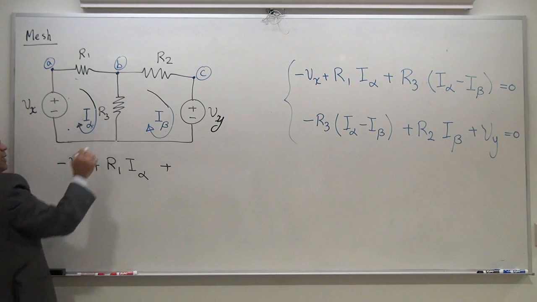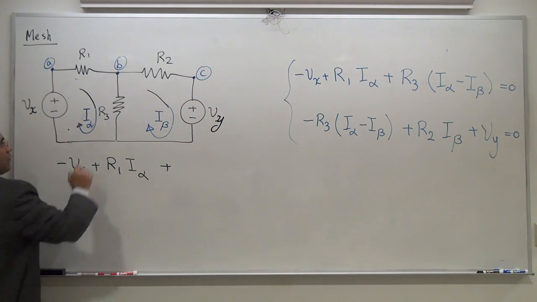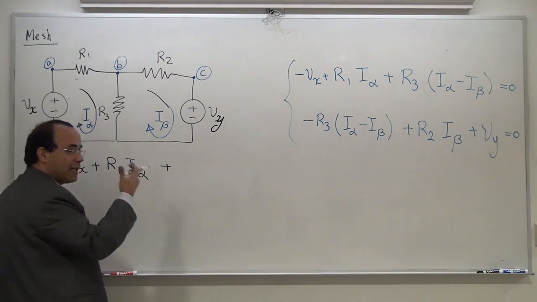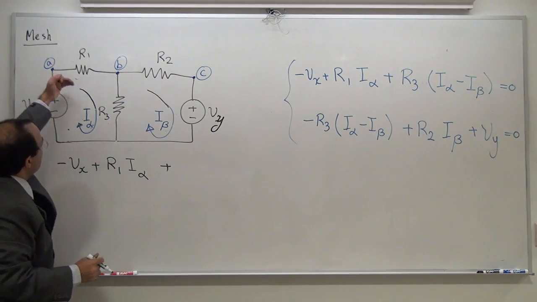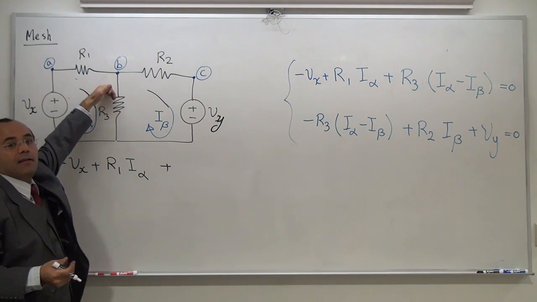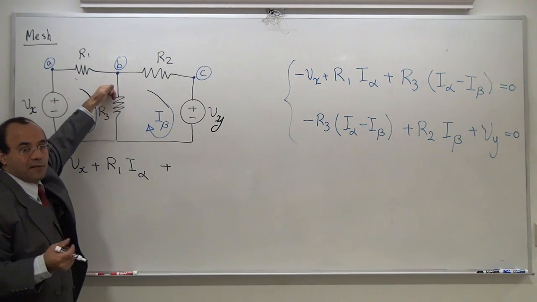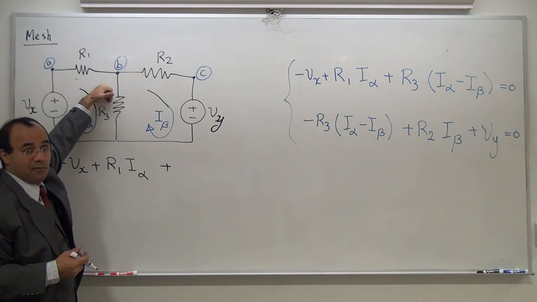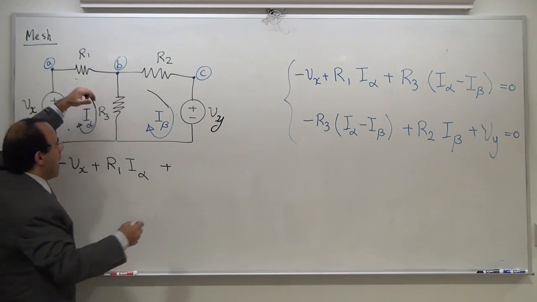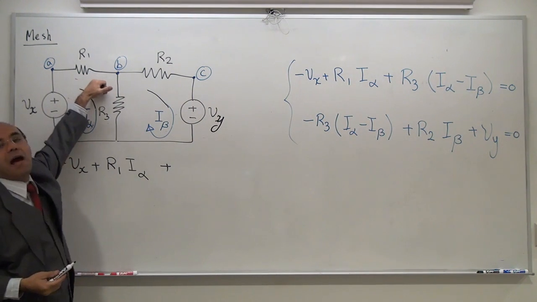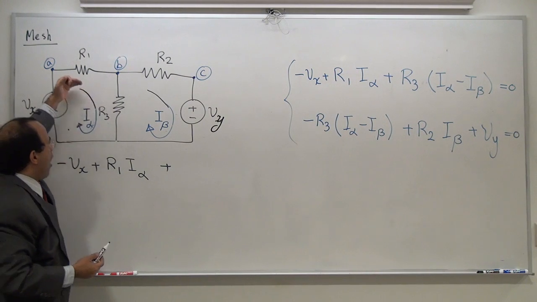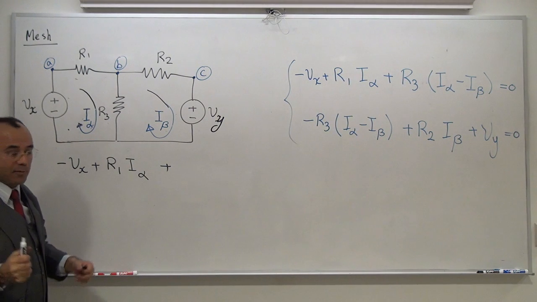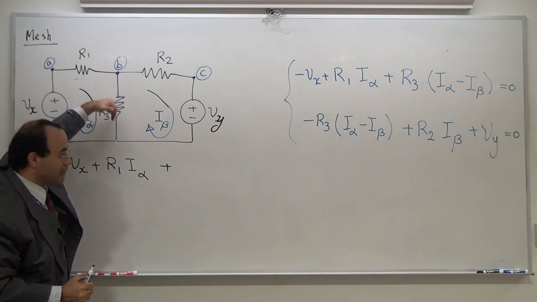Then I'm going to go into R3. For R3, I said I alpha is the biggest one, and anything else is smaller than this. For the sake of numbers, a very crazy number, suppose that I alpha is 100 amp, a huge number, and I beta is just 1 amp. 100 amp, 1 amp, the outcome is 99 amp, and 99 amp is actually going this way.